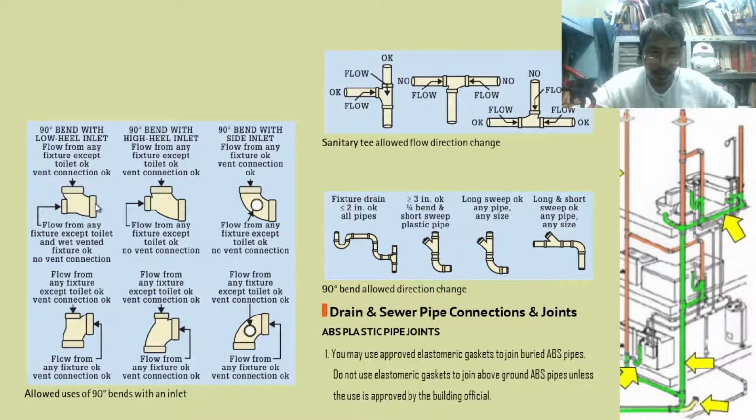So like this. This is the inlet. Flow from any fixture except toilet. You cannot do this. Okay. So if you use a wet vented fixture, no vent connection. Okay. So 90 degrees bend with high heel inlet, flow from any fixture except toilet. Okay. Vent connection.